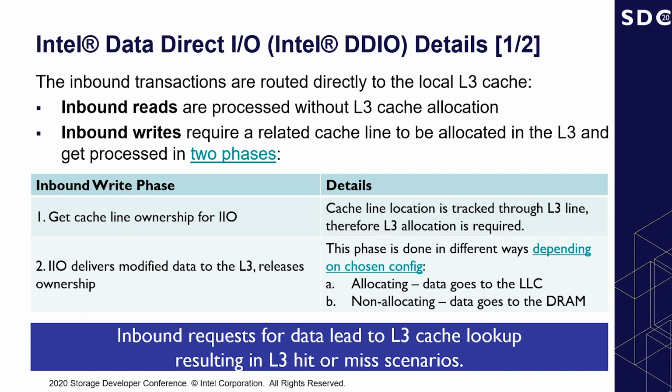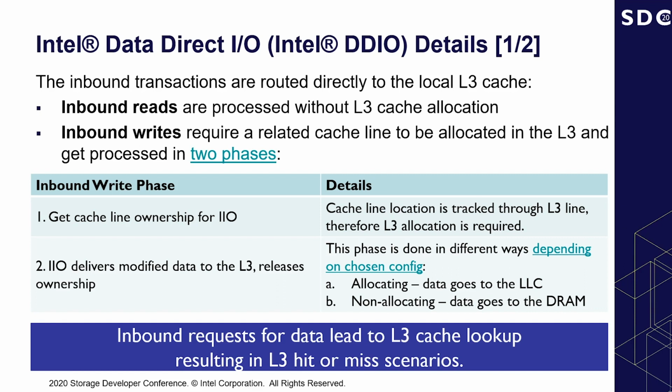Inbound reads are where your I/O device is requesting data from the system. In this scenario, it will do an L3 cache lookup. If it's in the L3 cache, it will deliver that back to your device through the IIO unit. If it's not in the L3 cache, then it will get it from wherever it's at, most likely main memory, and deliver it back to your device.